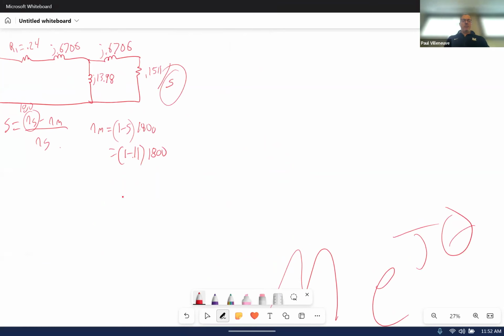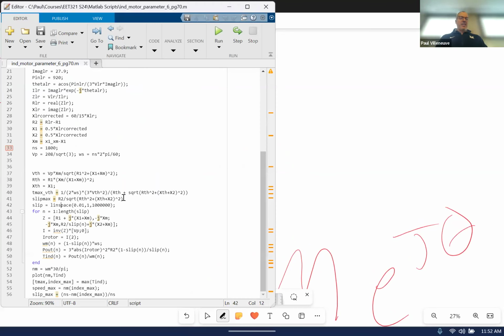In MATLAB, I set up a bunch of slip values that start at 0.01 and end at 1, and I want there to be a million linearly spaced points. That's what linspace stands for. You are literally spacing out between 0.01 and 1, however many points you have. You can specify 10, 5 million, whatever you want.